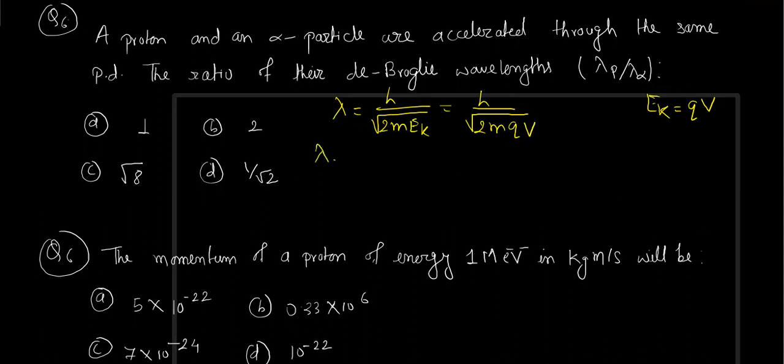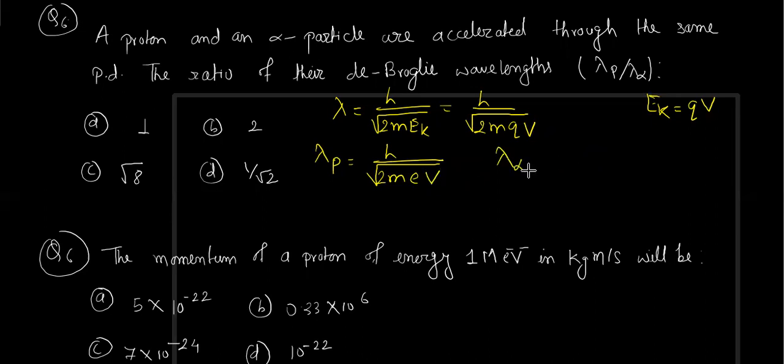For proton, we can write this expression as h by root 2m e V, and the charge of proton is just equal to the charge of electron. That's why we are going to write here e.